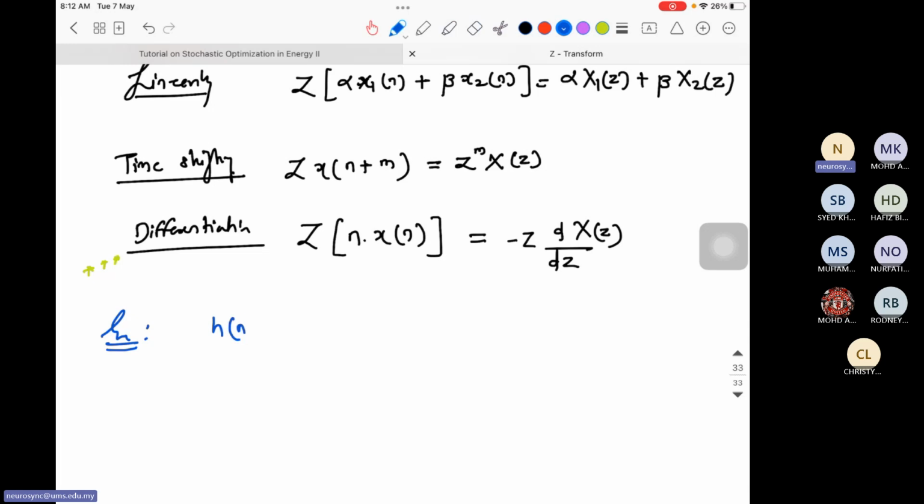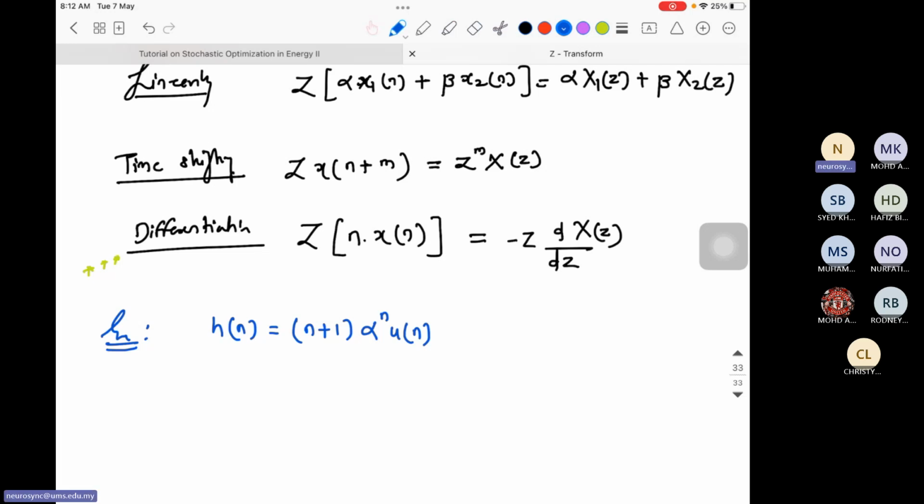Suppose we have h of n equal to n plus 1 times alpha to the power n u of n. Now here we need these properties.